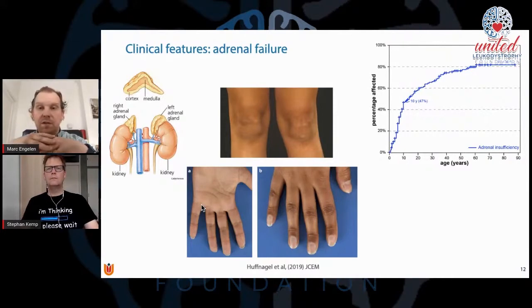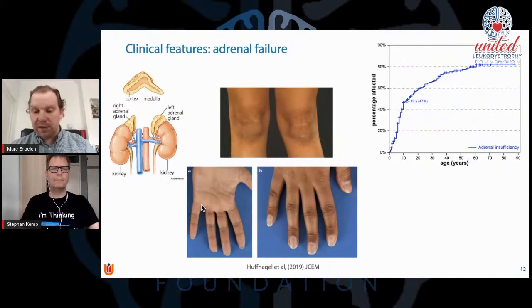So you see that it affects even boys. About 50% already has adrenal failure at age 10, and then it gradually increases during life. But interestingly enough, there's a small subset, about 15 or 20% of men, who never seem to develop adrenal failure and stay asymptomatic, at least with respect to the adrenal functions, late into life.